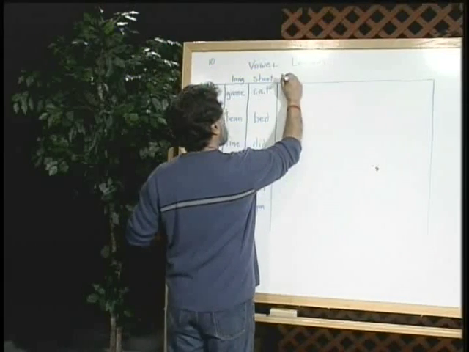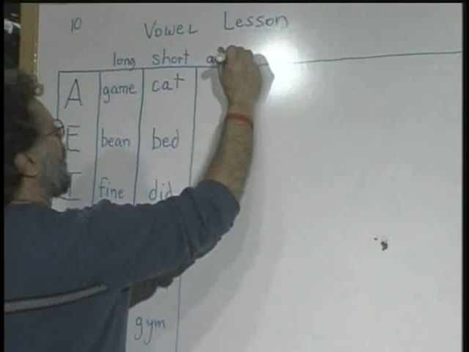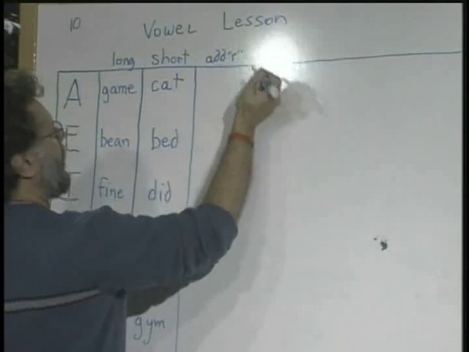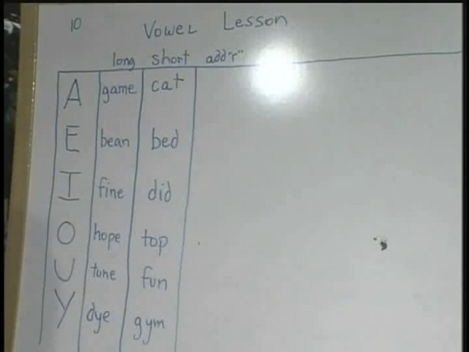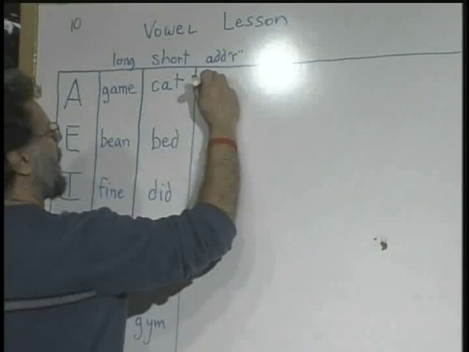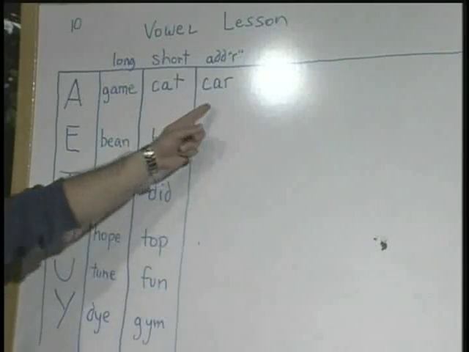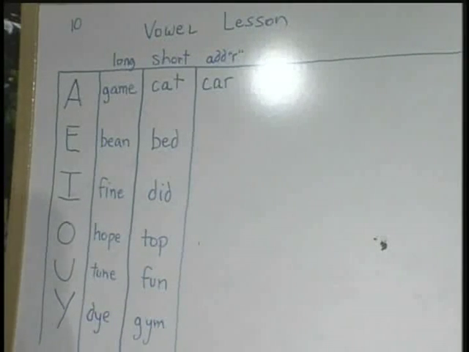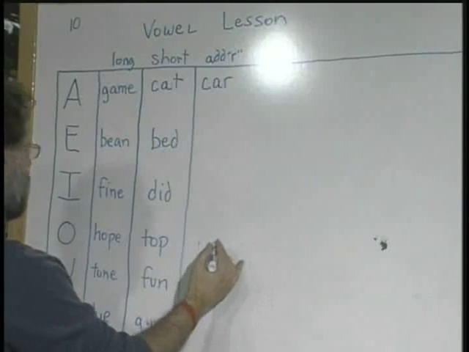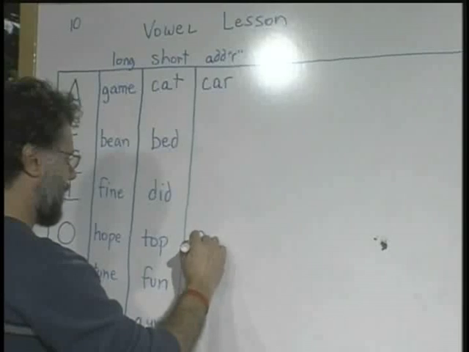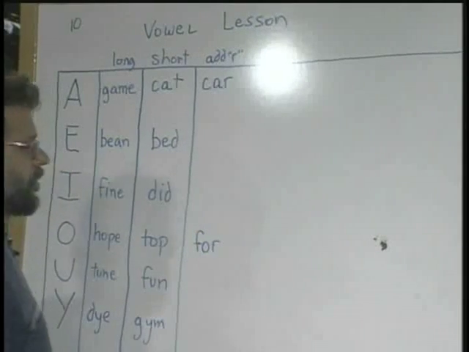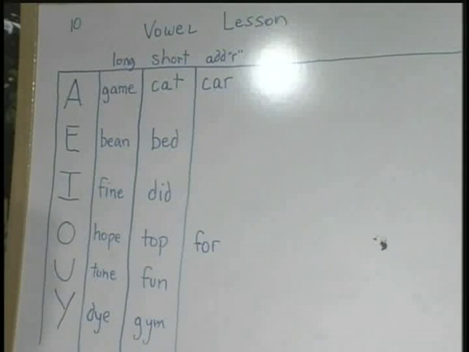So the other thing that affects vowels is when we add consonants after the vowels. The first letter we're going to talk about is the letter R. And you'll see that the letter R changes the sound of each vowel. So for the letter A, of course, we have the very common word car. So the letter A does not sound short or long anymore. Now it sounds like R. Okay? And we're going to talk about O next. And I'll show you why we're talking about these first.